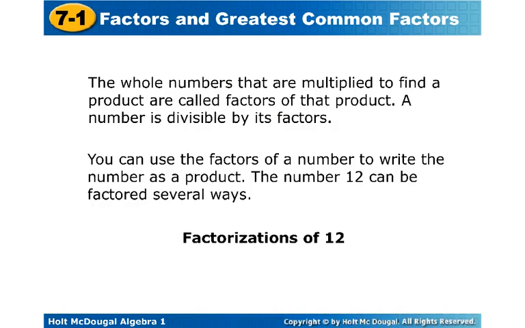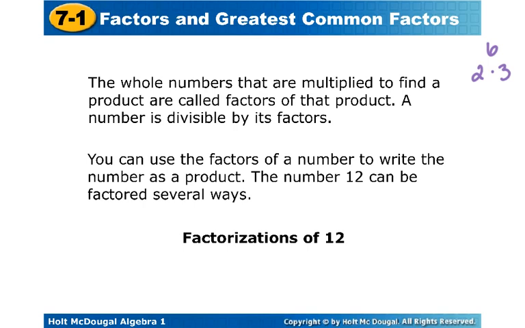Okay, so going through it, the whole numbers that are multiplied to find a product are called factors of that product. A number is divisible by its factors. So for example, if I give you 6, its factors are 2 and 3. Okay, they're the two numbers that would give you the product of 6.